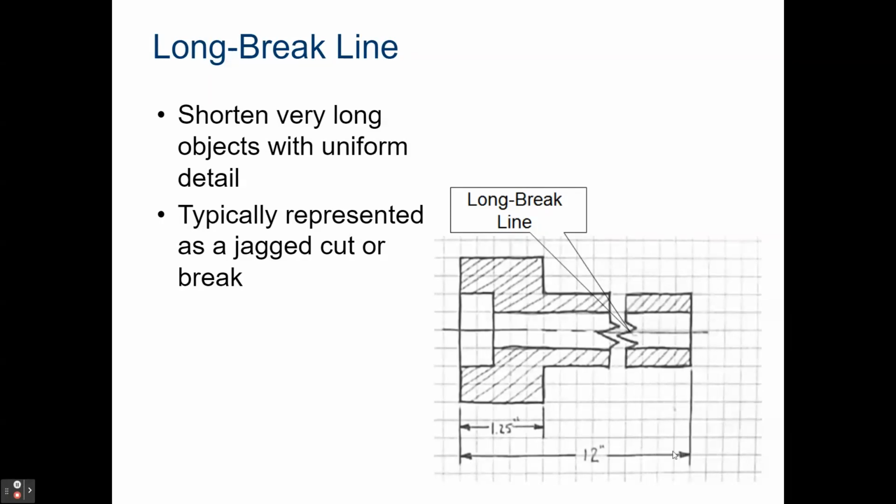And then here saying it's 12, and obviously we did not traverse that many squares. So this long break line is saying, hey, in between the left side and the right side of this break, the part was uniform. There were no changes in the profile or anything like that. So instead of having to draw the entire 12-inch part out, we can put this little long break line in here and then make it smaller and fit on the page.